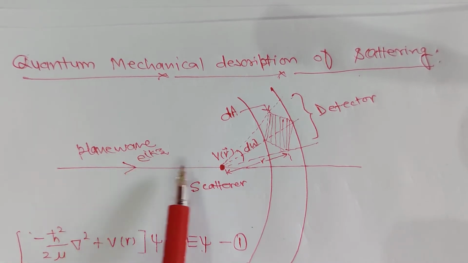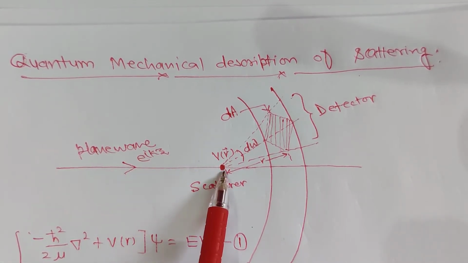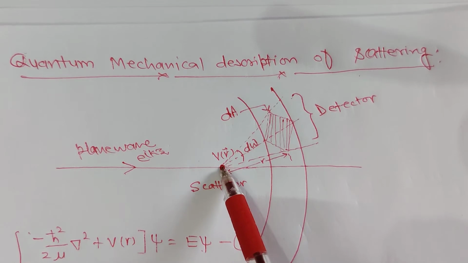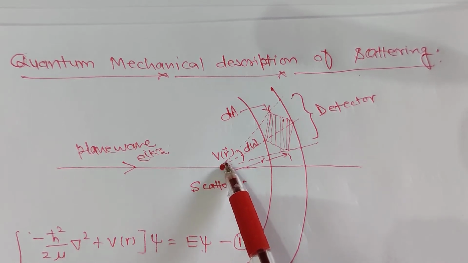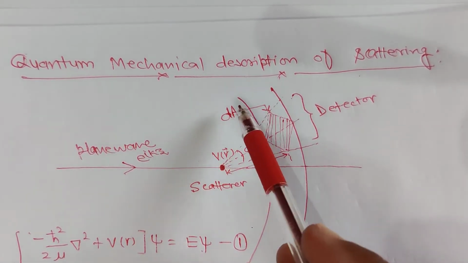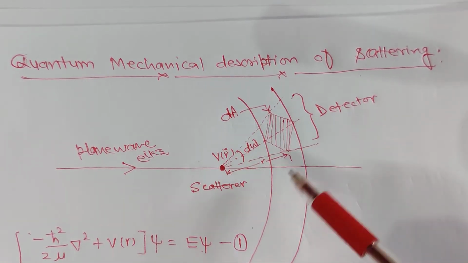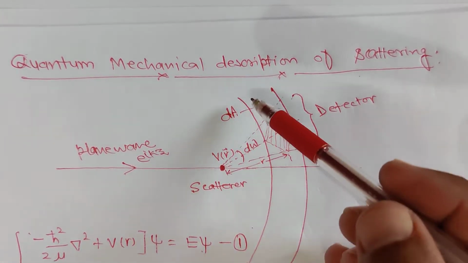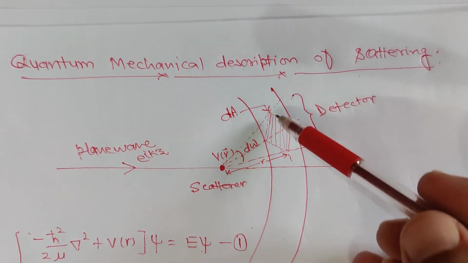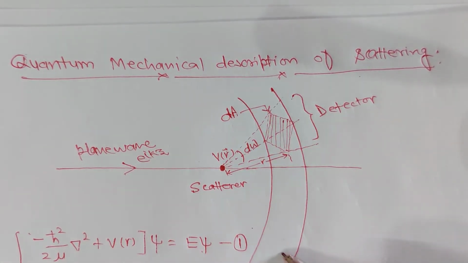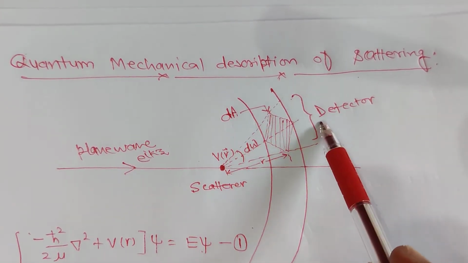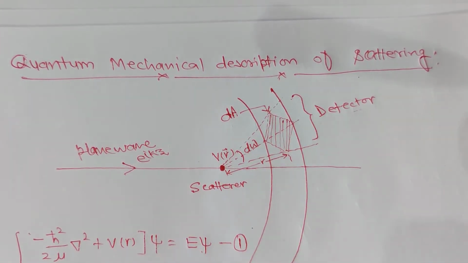When this plane wave is incident on the scatterer, the scattered wave is scattered spherically around the scattering center. This is the scattering center and this is the spherical cross section in which the detector also lies.